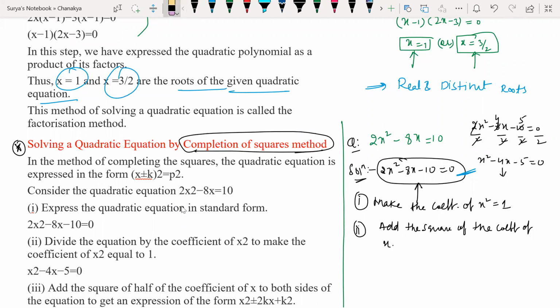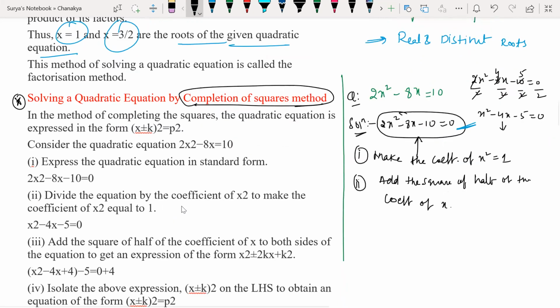Add the square of the half of the coefficient of x. What is the meaning of this?